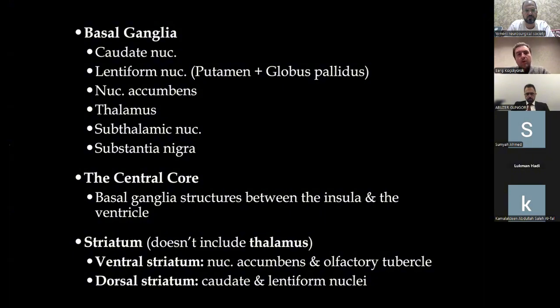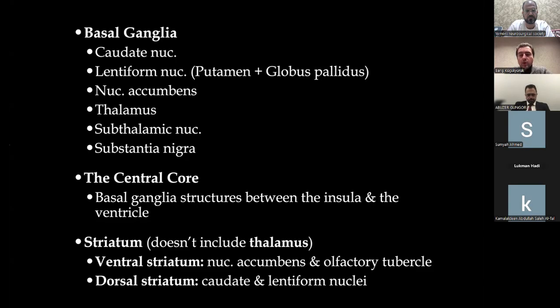But I also would like to express that the term central core is more an anatomical term, involves the basal ganglia, but between the insula and the lateral ventricle. So the mesencephalic structures such as the subthalamic nucleus and substantia nigra are arguably not involved in the central core. Also, you'll be hearing a term called striatum.